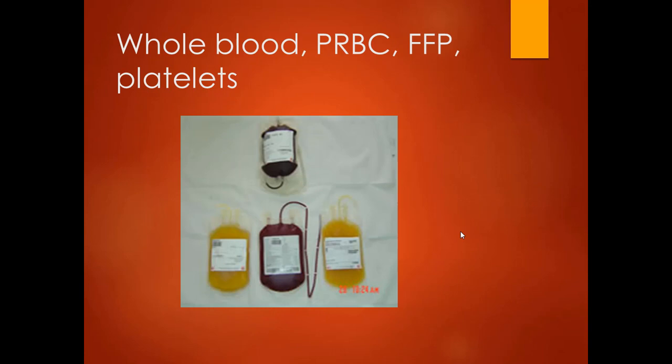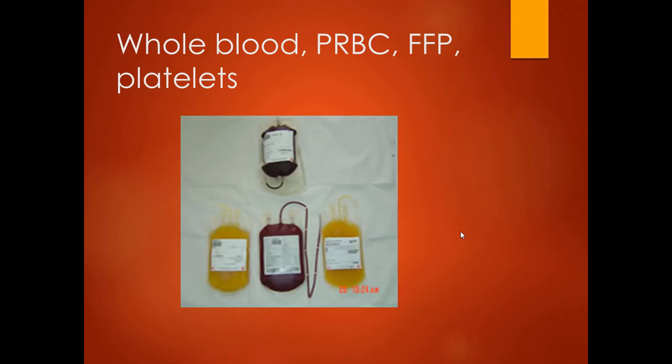Whole blood is generally about 400 ml. When we give PRBCs, the rule of thumb is that it's going to raise the hemoglobin 1 point. So if their hemoglobin is 7.0, we give the blood and then recheck their hemoglobin, it's hopefully going to be up to 8. So it's just 1 point that it'll bring it up.